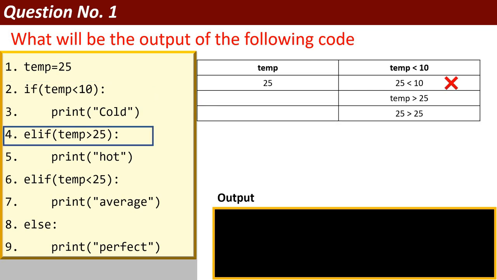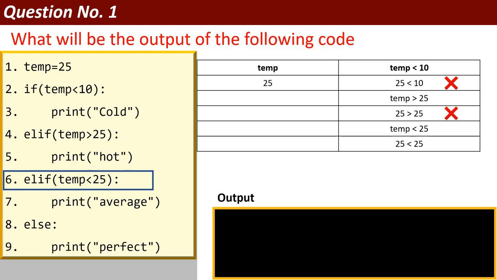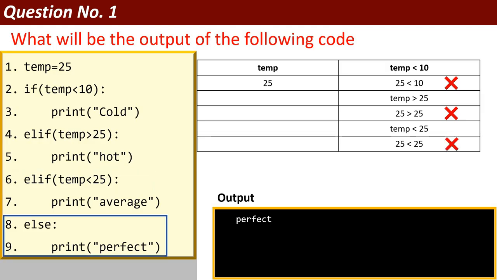It will check if temp is greater than 25, no, because temp is equal to 25. Then it will check if temp is less than 25, then it will display average, but in this case temp is not less than 25, temp is equal to 25. Then in this case it will execute the else statement, that is print perfect.